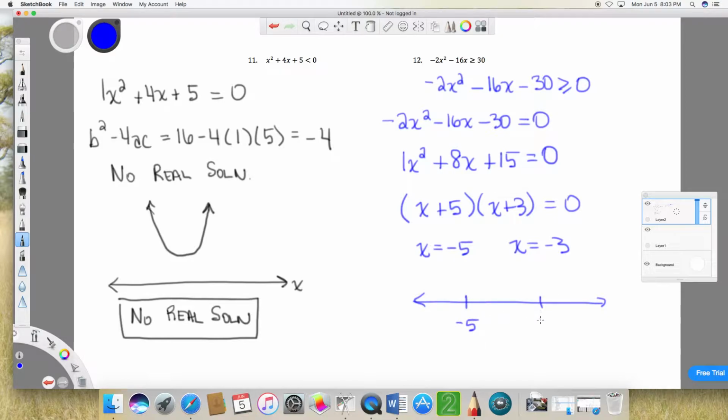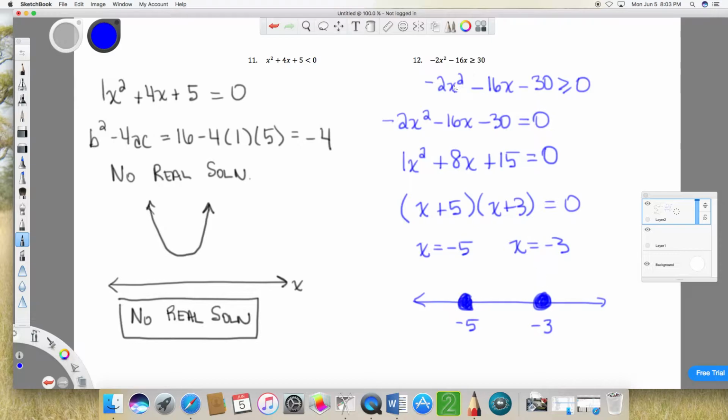So our first decision is whether we want to include these values in the solution set or not. We look to the original inequality and we see that it does say greater than or equal to, and because it has that equal to portion, we make these solid dots.